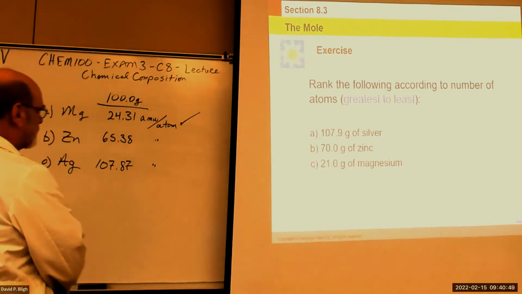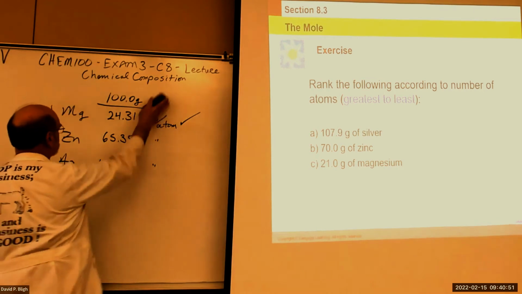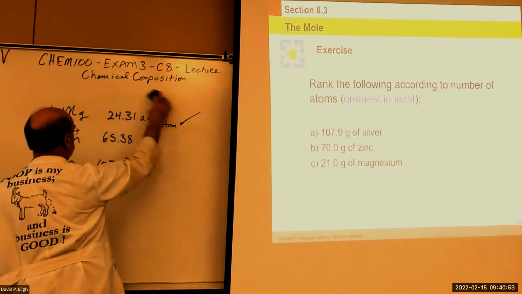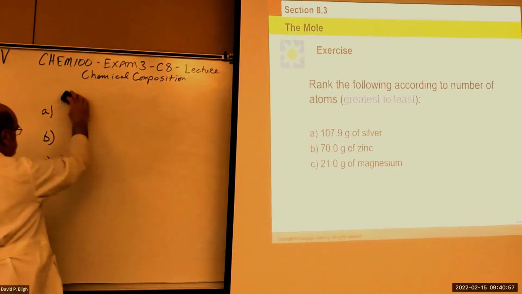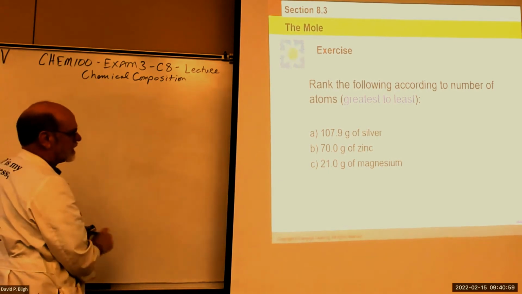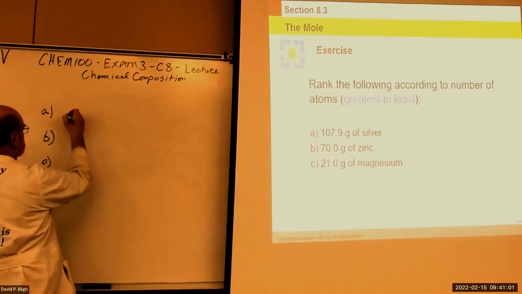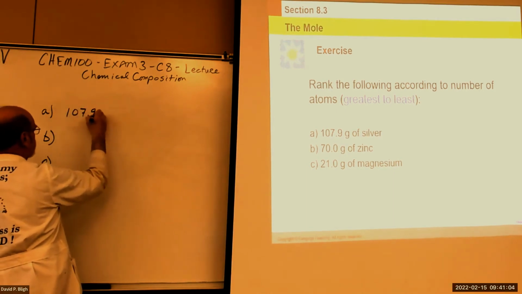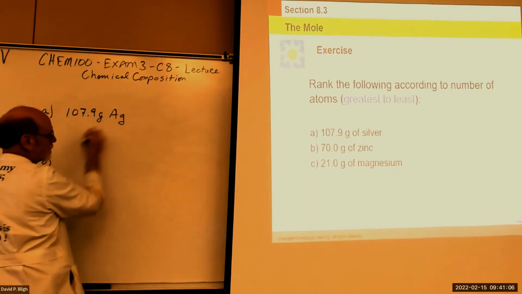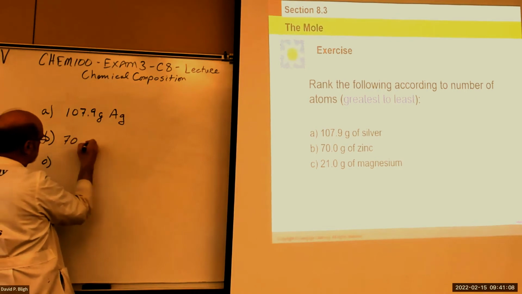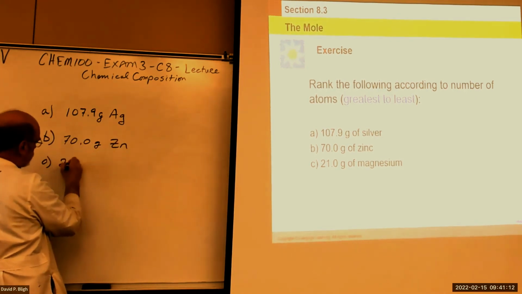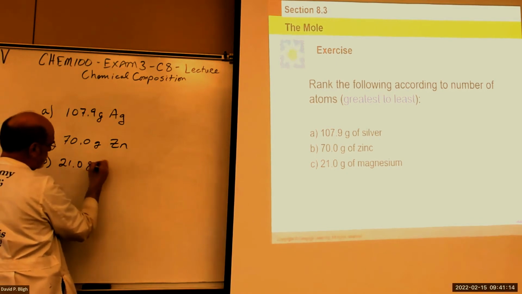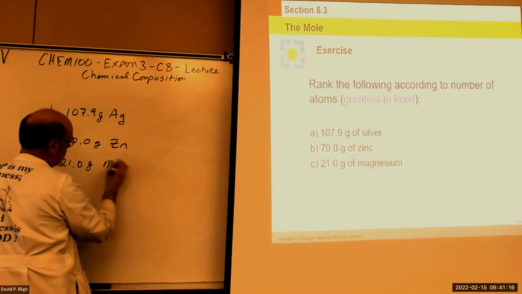Okay, here's another one. In this case, let's change things around here. 107.9 grams of silver, 70 grams of zinc, and 21.0 grams of magnesium.